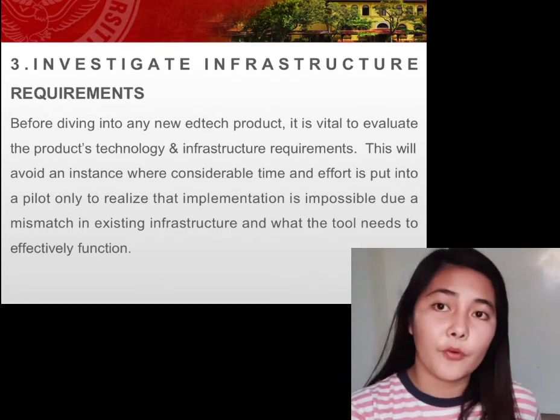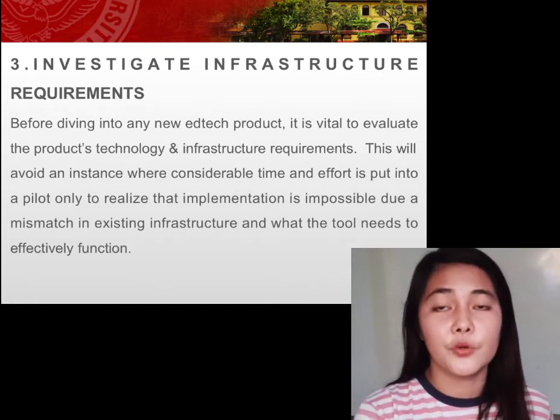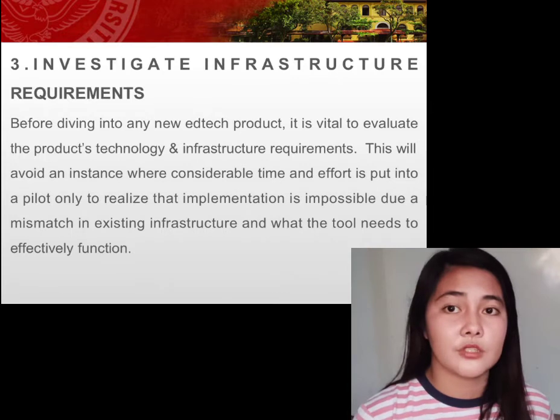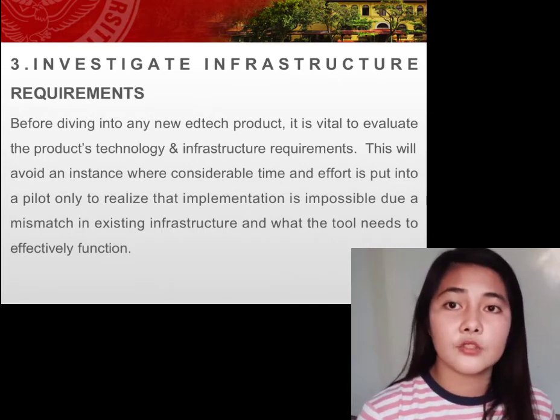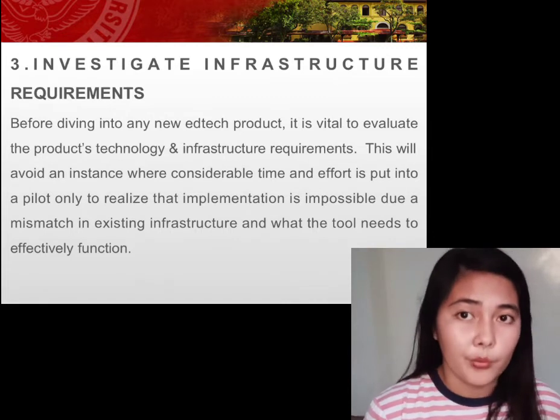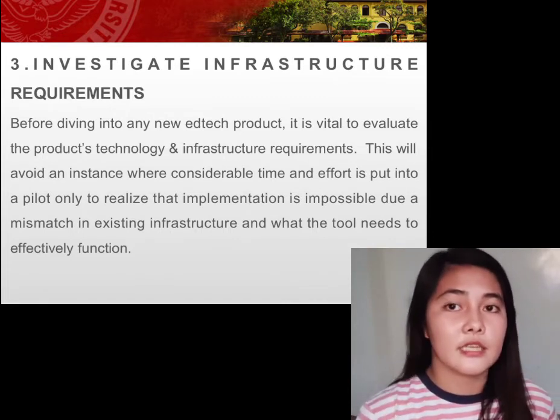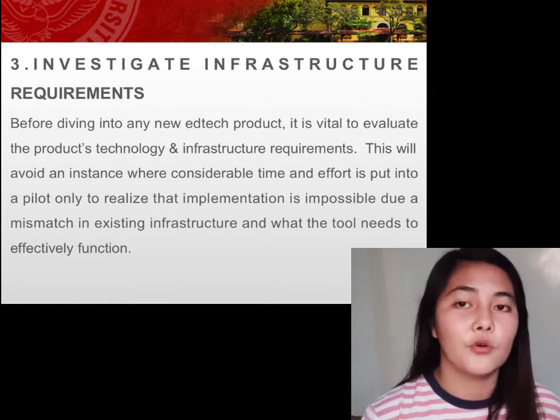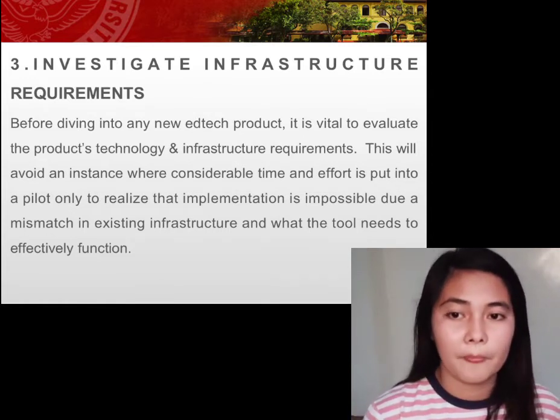It is very important for the teachers to know what resources the students have available, and whether these will be accessible at home so that they can still learn even though they're at home.